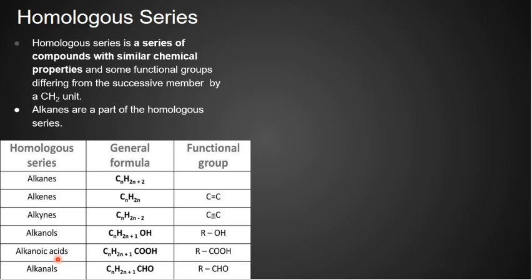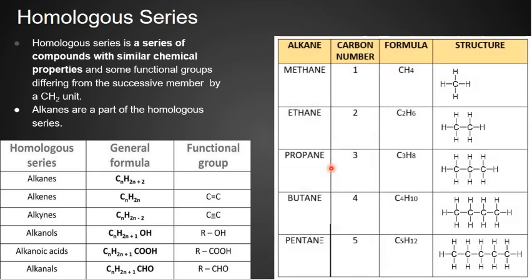Now, when we say that each homologous member differs from the successive member by a CH2 unit, let's see what that is trying to say. Okay, now take a look at this. We have methane here.